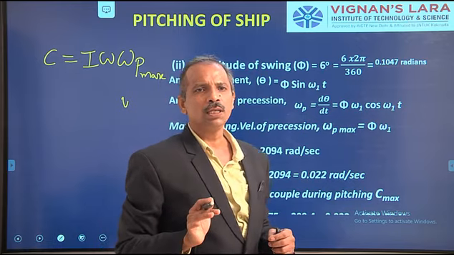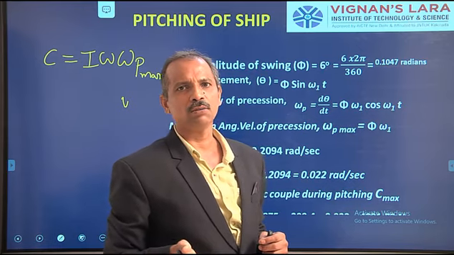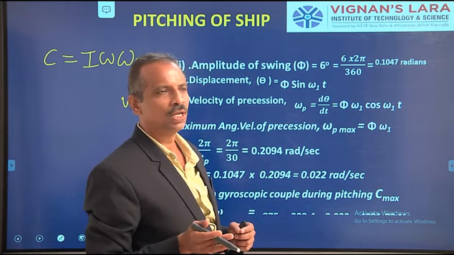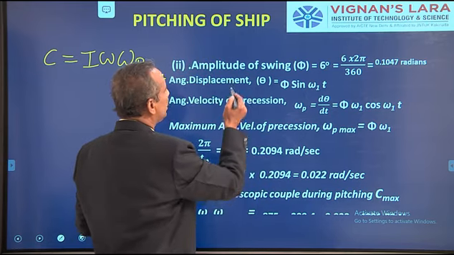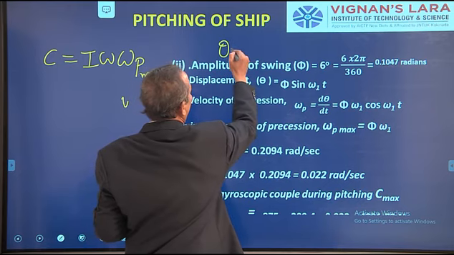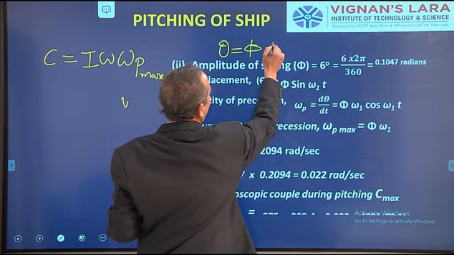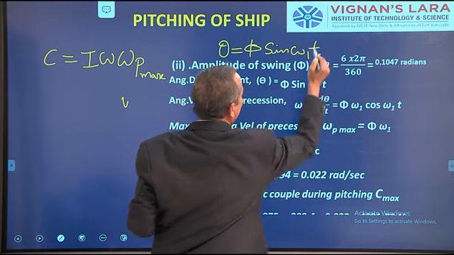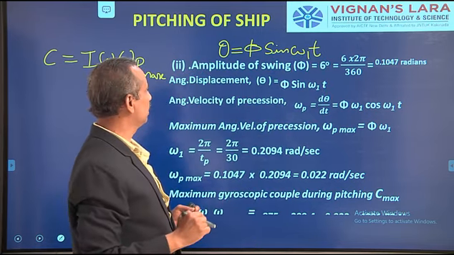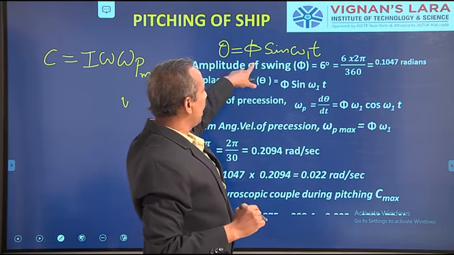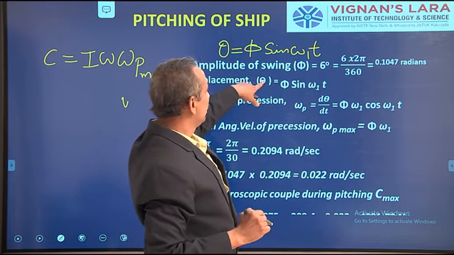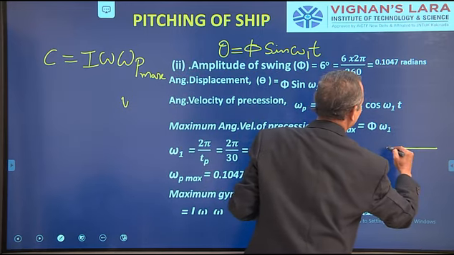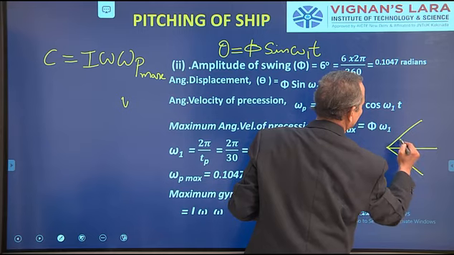In the ship pitching phenomenon, which is assumed to be simple harmonic motion, SHM, we can write theta is equal to phi sine omega 1 t. This is already derived in the earlier part of the course. Phi is the amplitude of the swing, that is, from the mean position the ship swings like this.